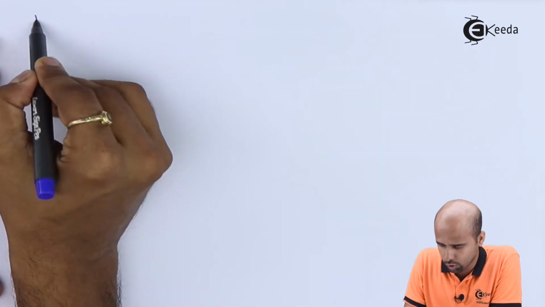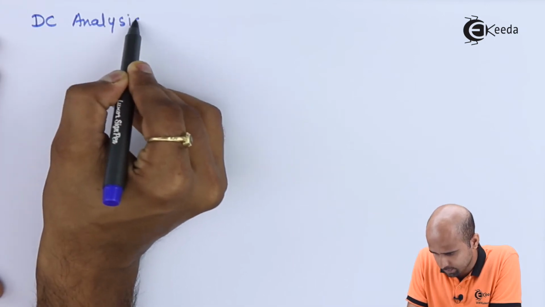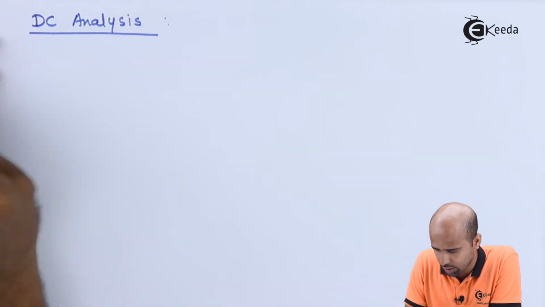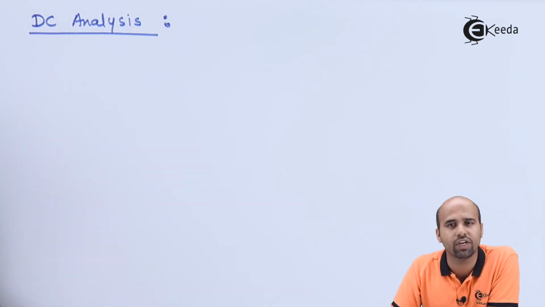First of all, we'll follow DC analysis. Everything is known to us about DC analysis. We'll open all the capacitances and then find Thevenin's equivalent resistance and Thevenin's equivalent voltage.